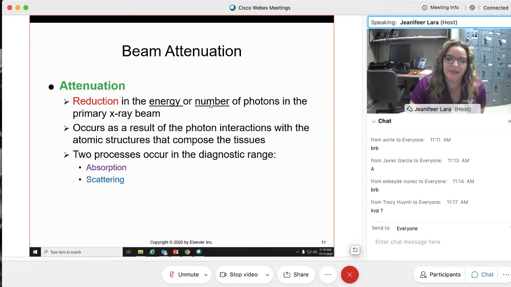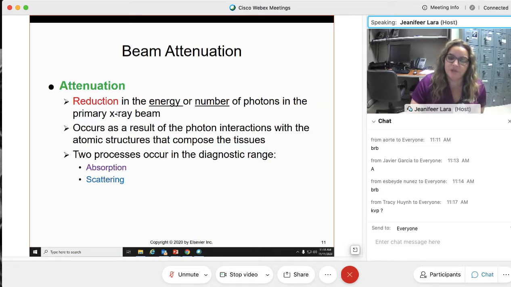So it would make equal sense to know the two types of interactions that we've already discussed in chapter 7, absorption and scattering, are forms of attenuation. So the reduction in the power or energy and the number, quantity, of the primary beam happens through absorption and scattering, photoelectric and Compton.